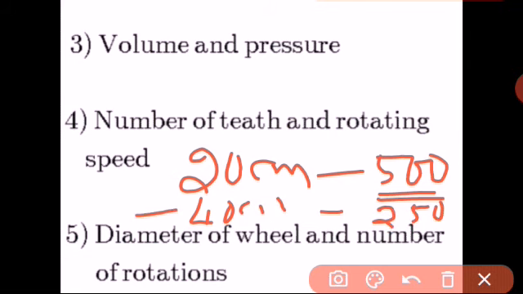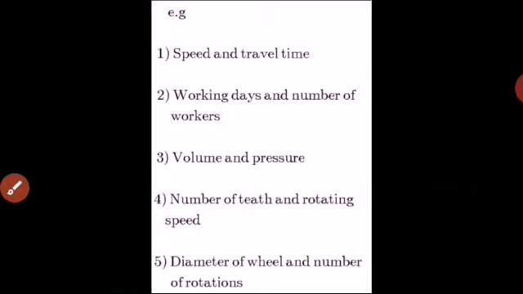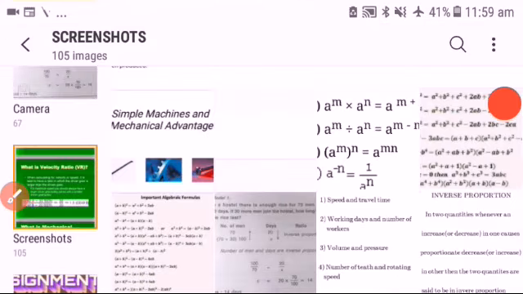As the diameter of the wheel is increased, the RPM is decreased proportionately. So this is called inverse proportion.